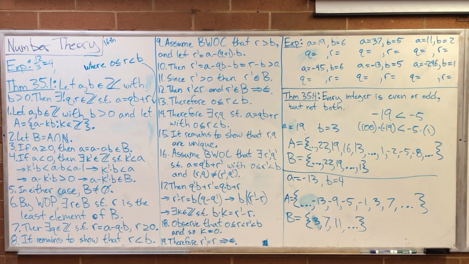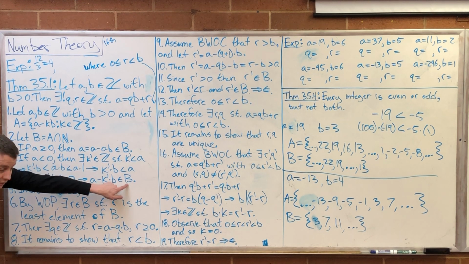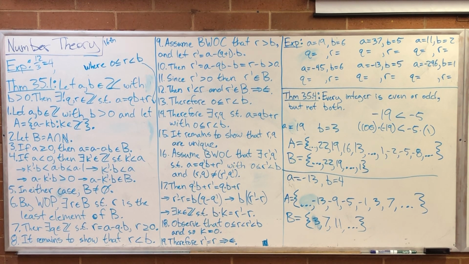You follow me on that? Anything weird? Okay. So it can be written as a plus an integer times b, and it's greater than 0. Therefore, it's in this set B. What was that set B? That set B was all the numbers that can be written this way that are greater than or equal to 0. We know it's greater than 0, but that also means greater than or equal to 0.